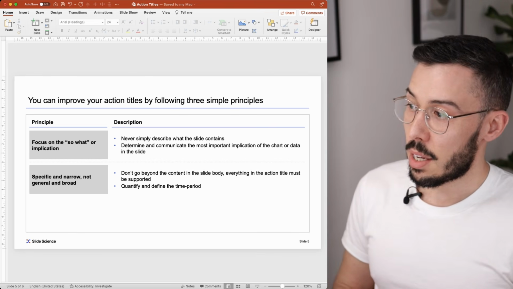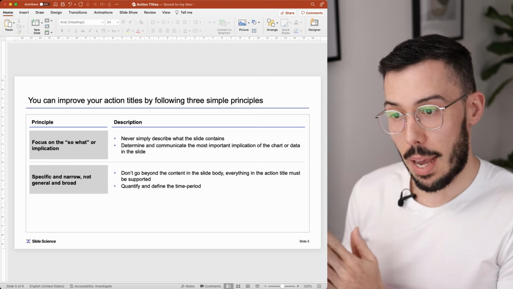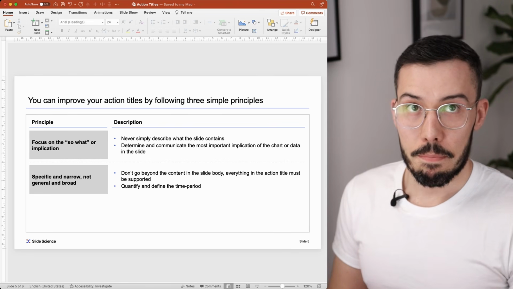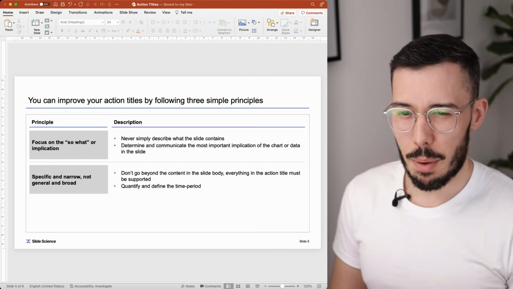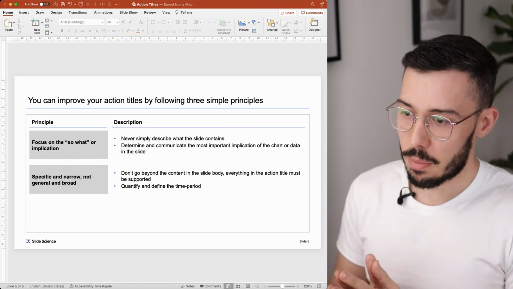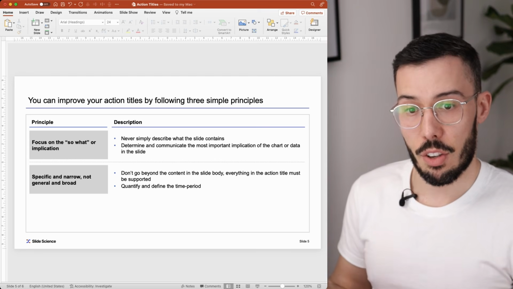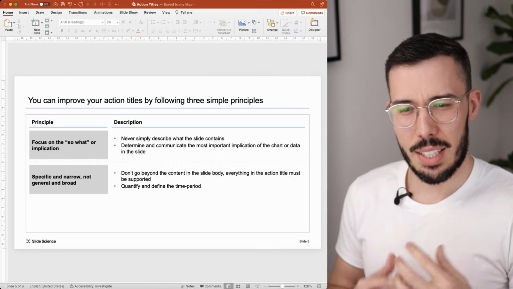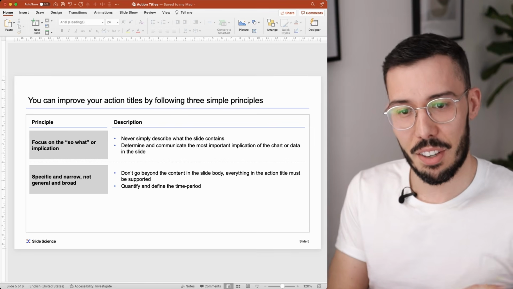Second principle, be specific and narrow as opposed to general and broad. What you don't want to do, which sometimes happens, is that you have a slide body, maybe it shows a couple of charts, and those charts have a few implications. But as you write the action title, you start making claims outside of those.